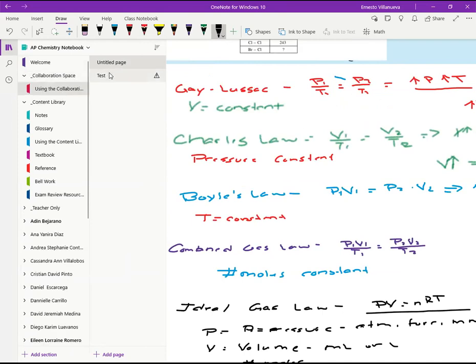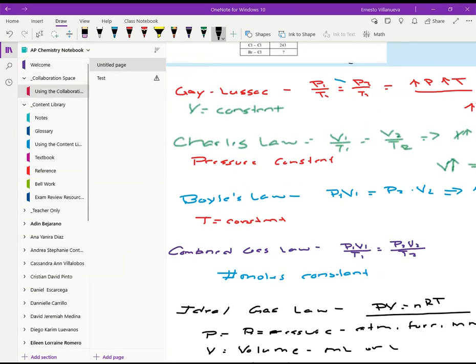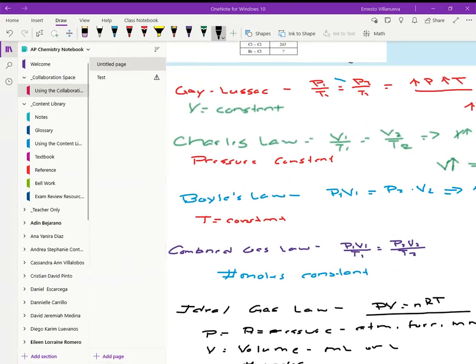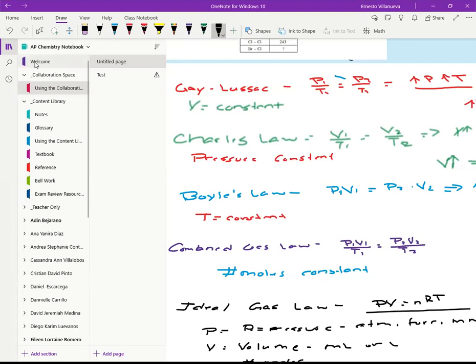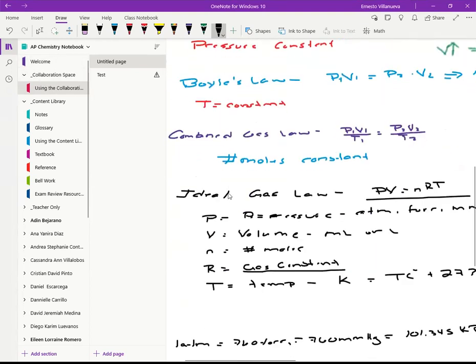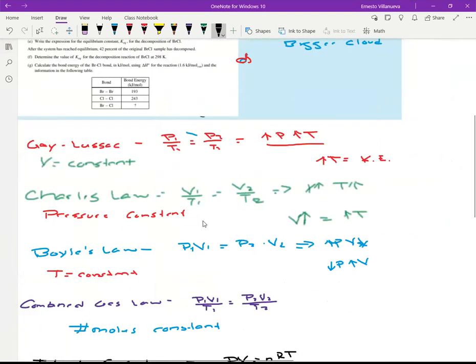Pulling up our cheat sheets here. Let's close this up.